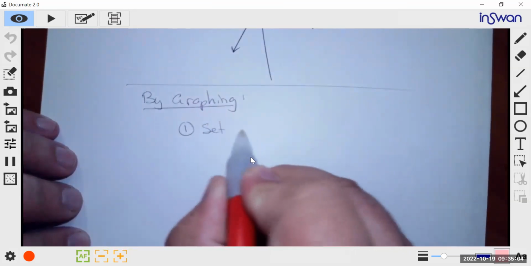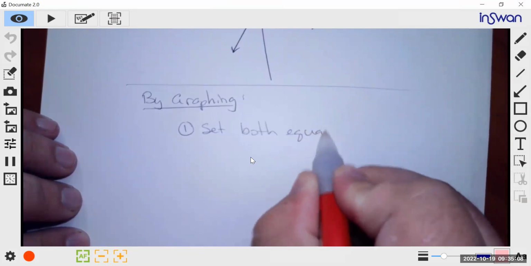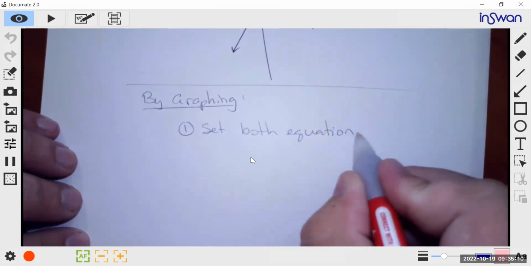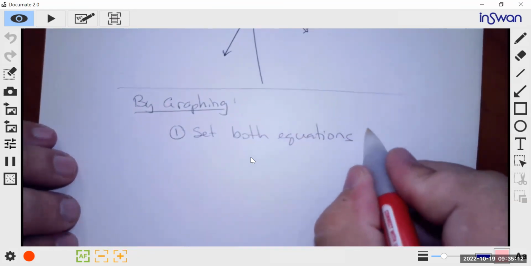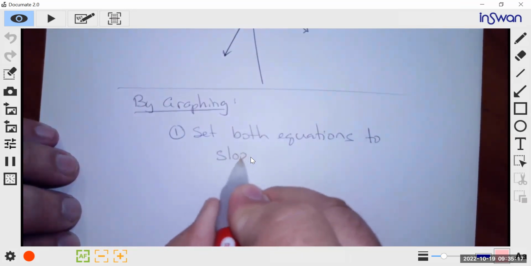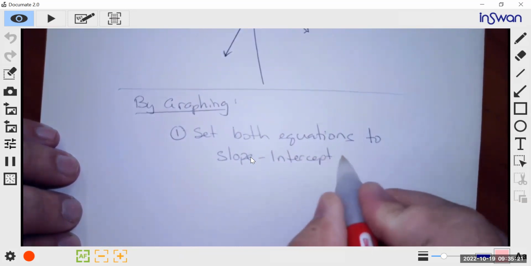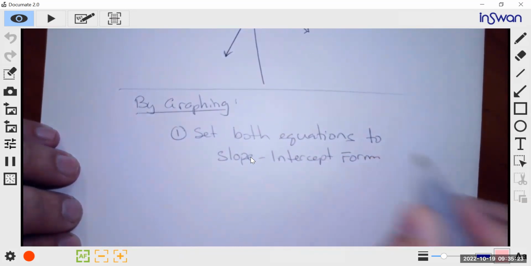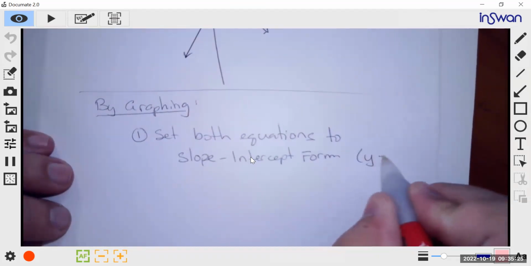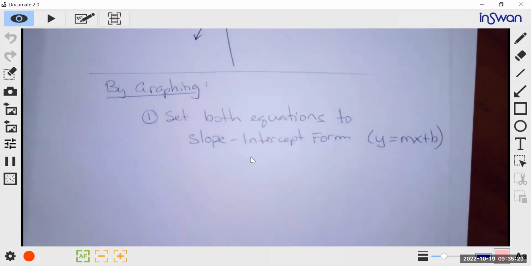Set both equations to slope intercept form, which is y equals mx plus b. Again, mathematics is a language. You have to know these words.